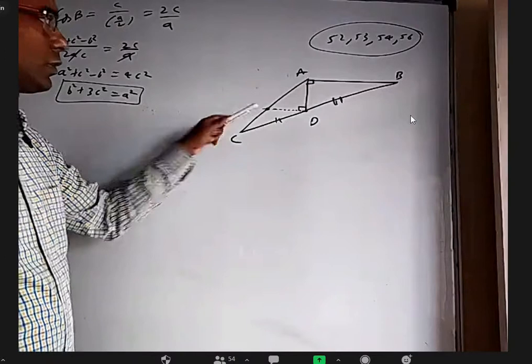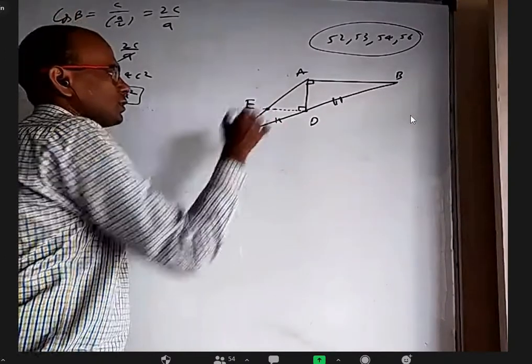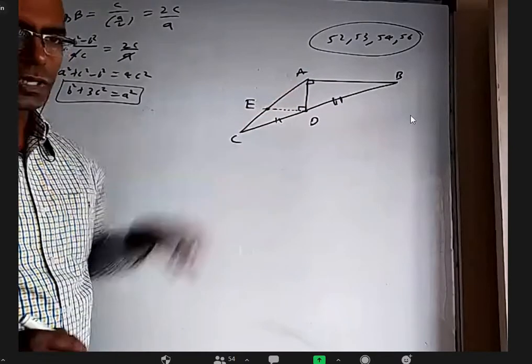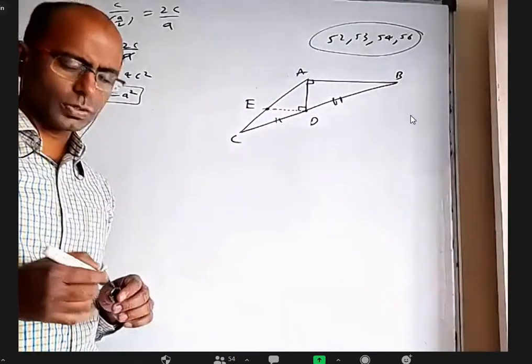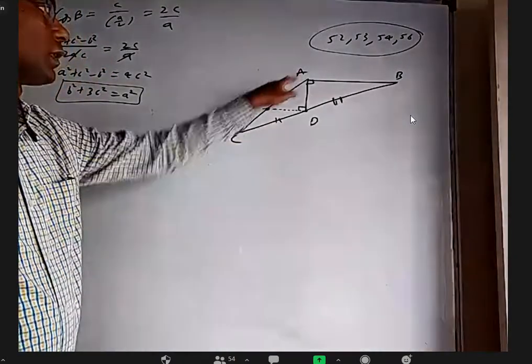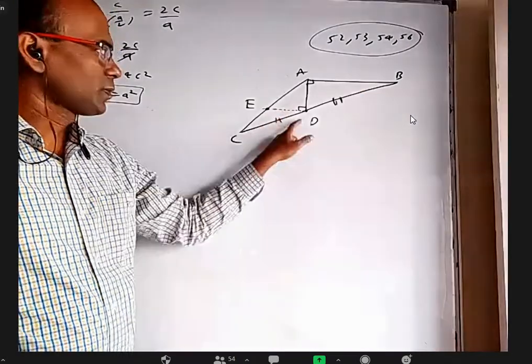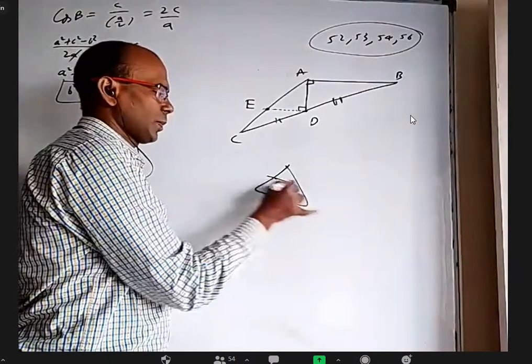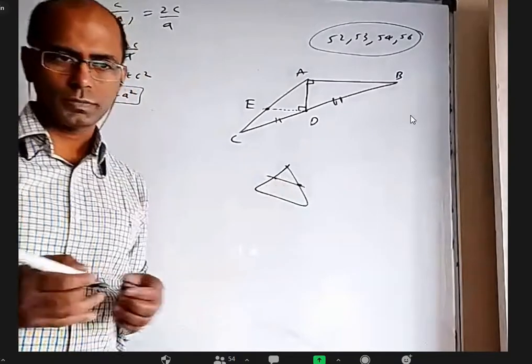Let us call this point E. Because I constructed this parallel to AB, or perpendicular to AD, E should be the midpoint of AC. Is it okay? Yes, sir. This whole thing is a triangle, and this is the midpoint of one side. We have a theorem that if you take the midpoint of one side and draw a line parallel to the base, the other point is also a midpoint. Isn't it?